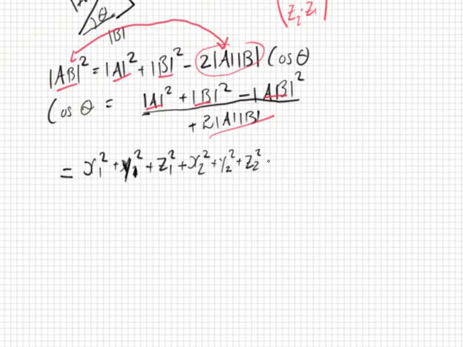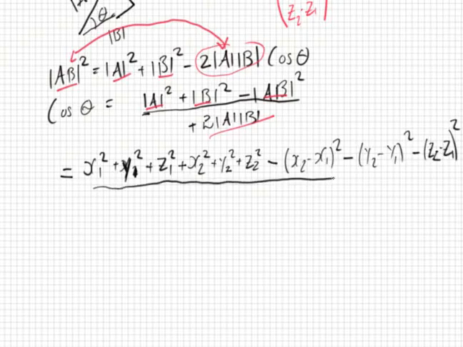So that would be minus x2 minus x1 squared minus y2 minus y1 squared minus z2 minus z1 squared, all over 2 times magnitude A times magnitude B. Which I'll just leave for the moment.